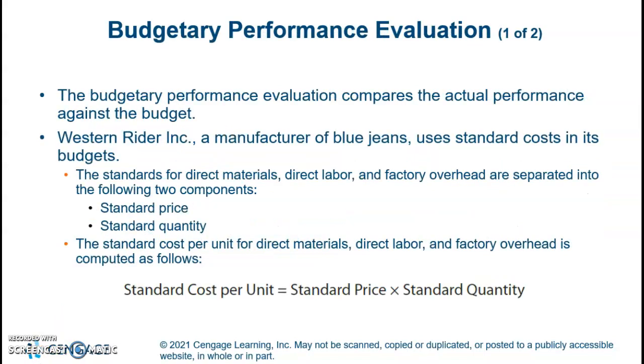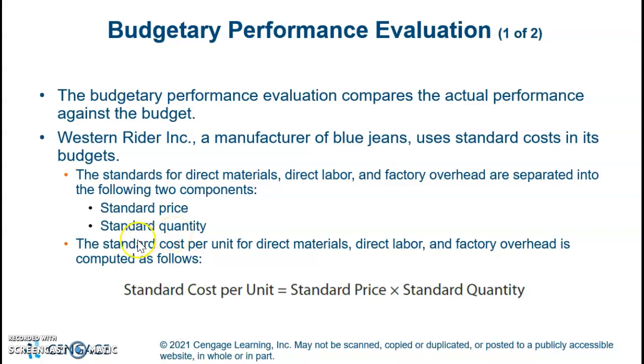So the budgetary performance evaluation compares the actual performance against the budget, just like we've done in previous chapters. So we have Western Rotter, the manufacturer of blue jeans, and they use standard costs in the budget. The standards for direct material, direct labor, and factory overhead are separated into the following two components: standard price and standard quantity.